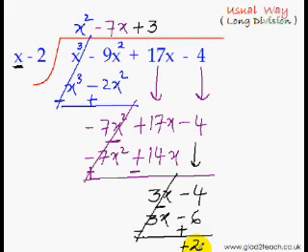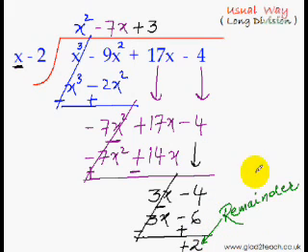So whatever is left here will be the remainder. This answer that we have got at the top is called the quotient in technical terms. The polynomial that was being divided is known as the dividend.